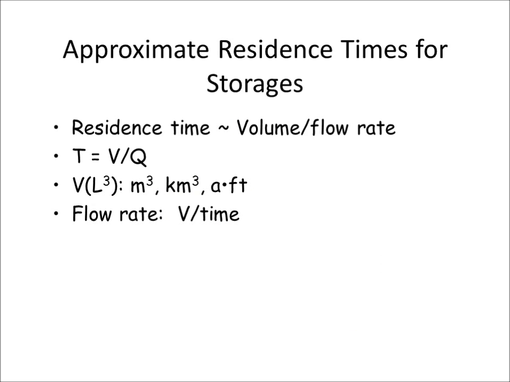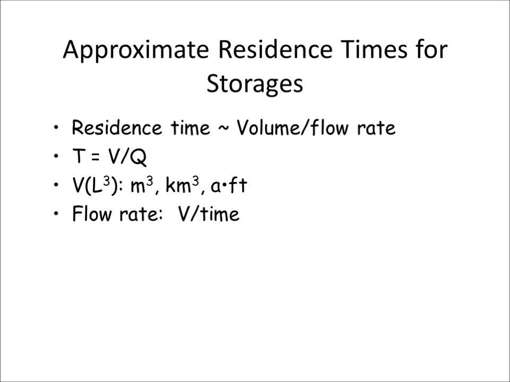Approximate residence times for storages look like this. The residence time is proportional to the volume of storage divided by the flow rate, and that would be the net flow rate in and out. Another way of expressing this is that T, or residence time, is equal to the volume, V, divided by Q, which would be the flow rate.